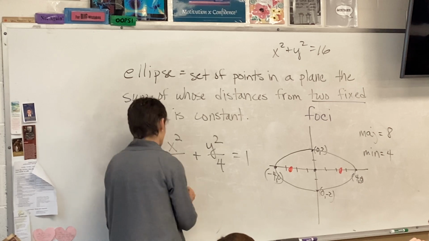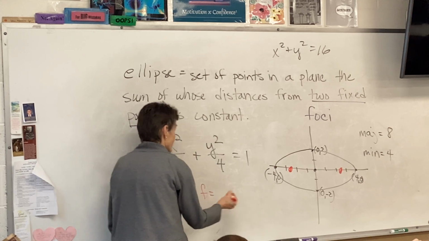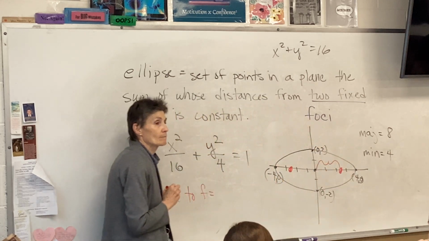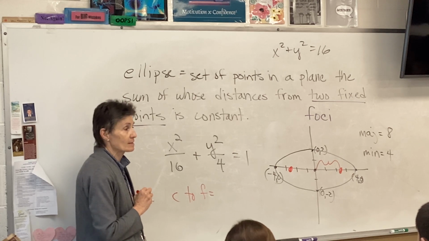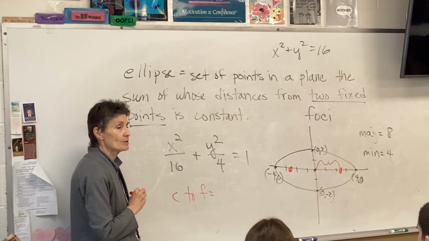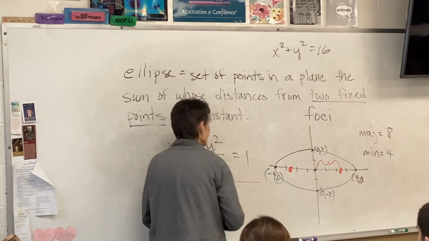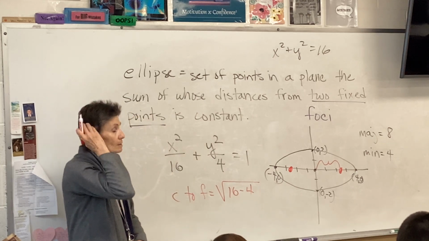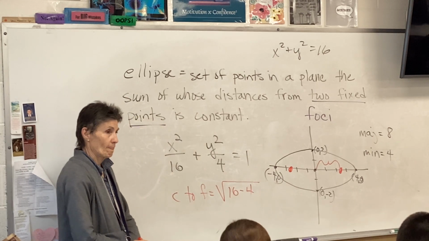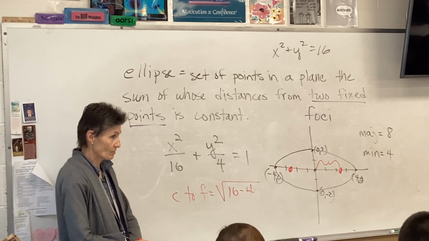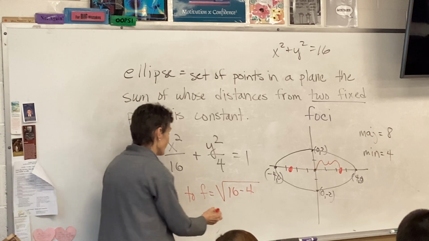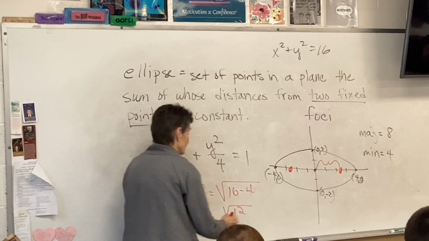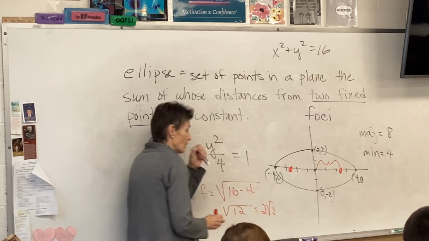The distance from the center to the focus, in this case, is the square root of 16 minus 4. So how did I do that? I subtracted my denominators and took the square root. So that's going to be the square root of 12, which is 2 root 3.